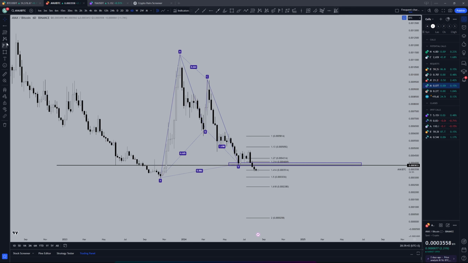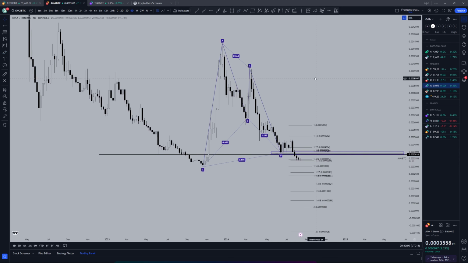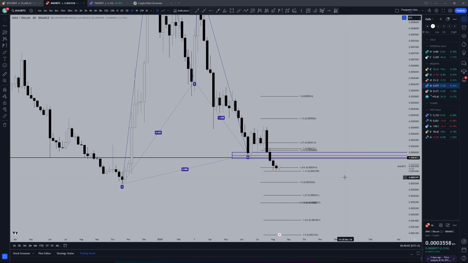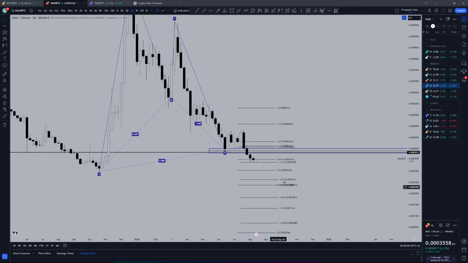You're just bouncing off the 1414 instead. And one right over there. It makes sense that we're bouncing off this level. We have the 113 and a 1414 right over here. I think this looks good and it supports the idea of starting a position, right? If you were not in, I think this is a good place to start a position on AVAX.